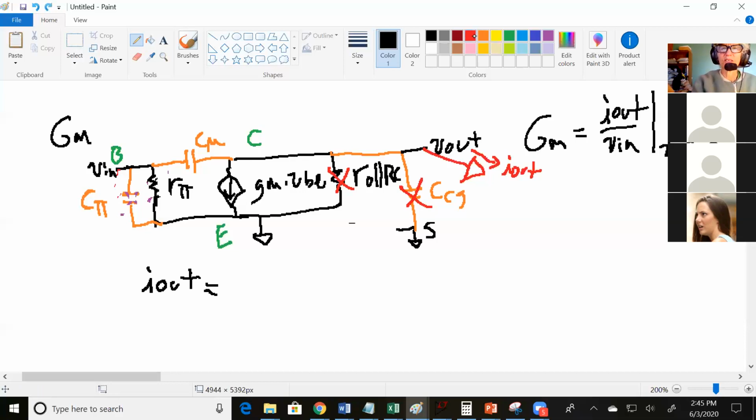VN. VN. So this is just running out of colors. This is VN. Okay. So it's this current, but this current is defined as positive going down, whereas I want it going this direction. So it's the minus GM VN. So that's the current coming through this path. This C mu right here, it has a voltage across it, and it's Vn. Vn is moving, so we can't ignore C mu.